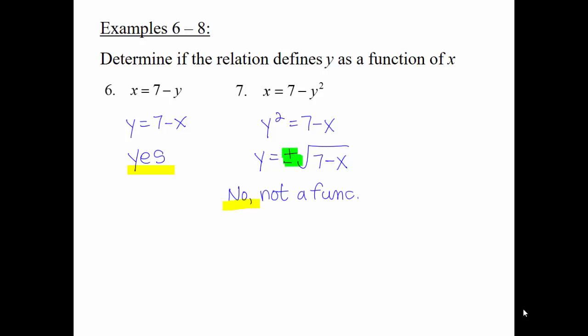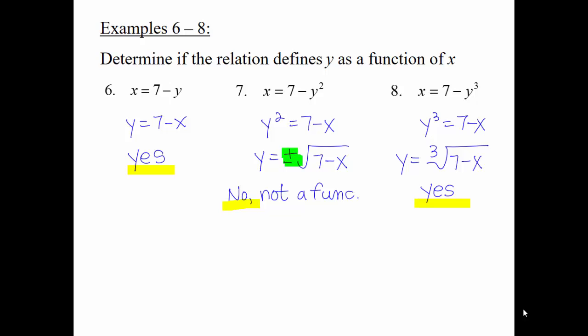And that plus or minus is going to say, no, it's not a function, because all the values will not be unique. So if you see a y squared, it's not going to be a function. y cubed, cube root is unique. The cube is a function.